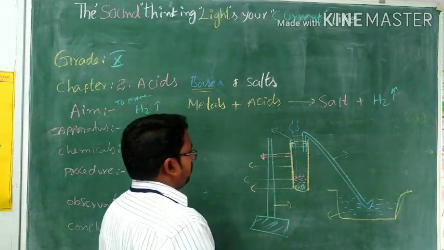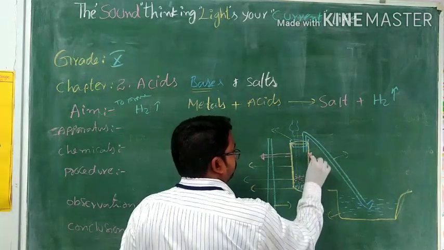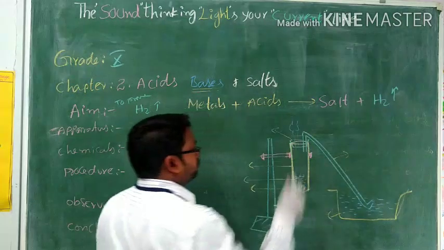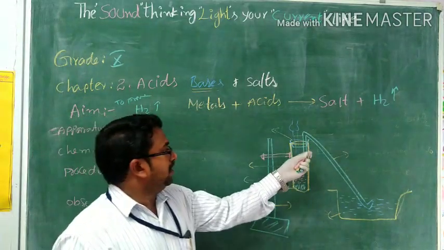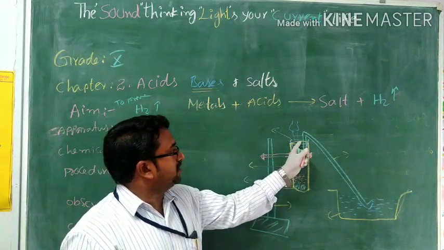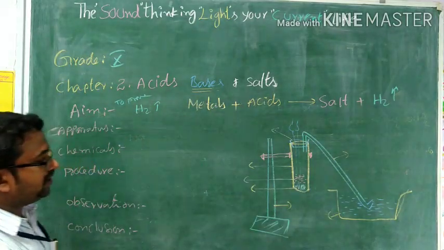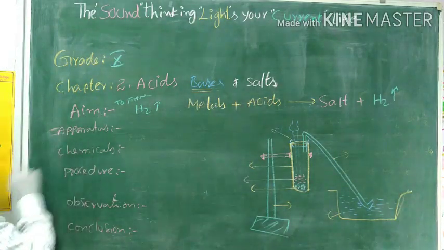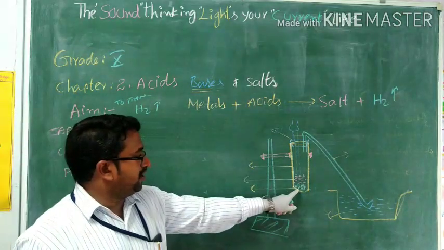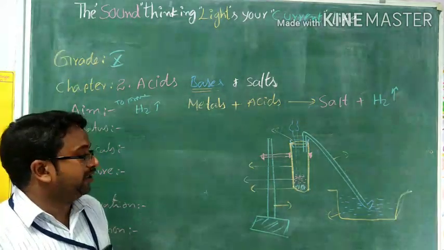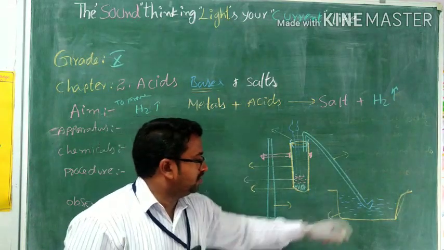Of course, if you write, you may write holder also. And single hole rubber stopper, delivery tube, trough. These are the apparatus. What are the chemicals? Zinc granules, diluted HCl, and soap solution.